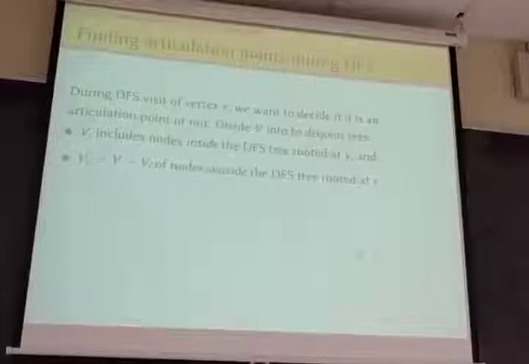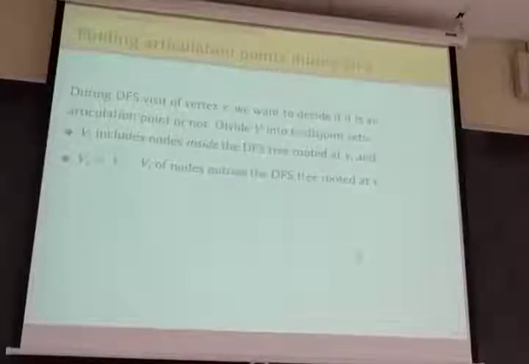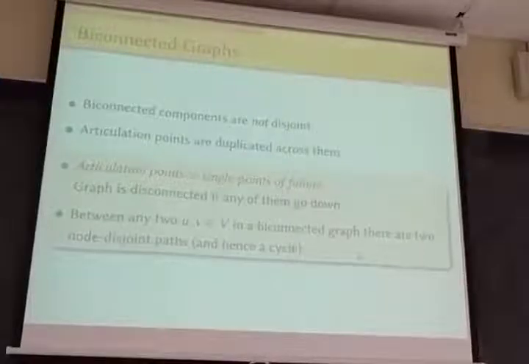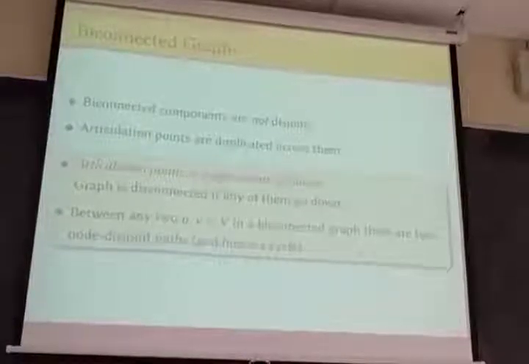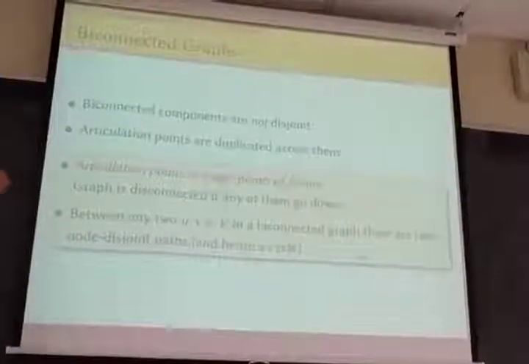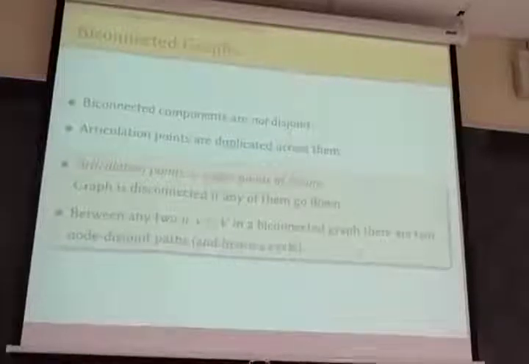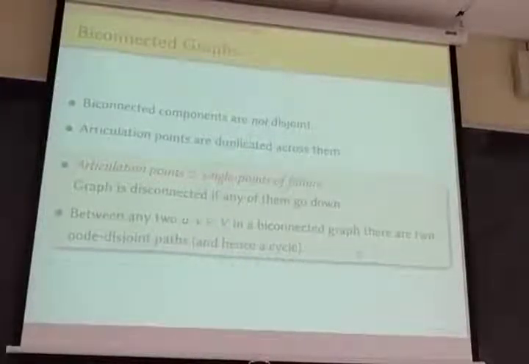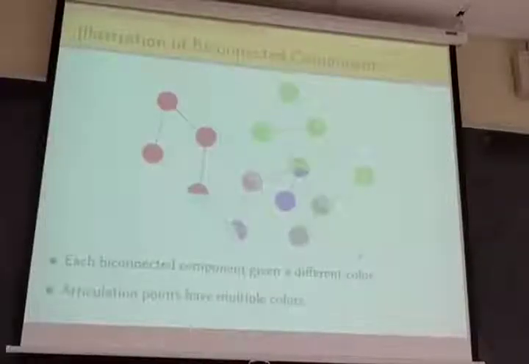So our goal is not so much to find bi-connected components, but rather to find articulation points. Okay? Because once articulation points are found, you can remove them or break them up and you can find connected components. For instance, let's look at this example, right?